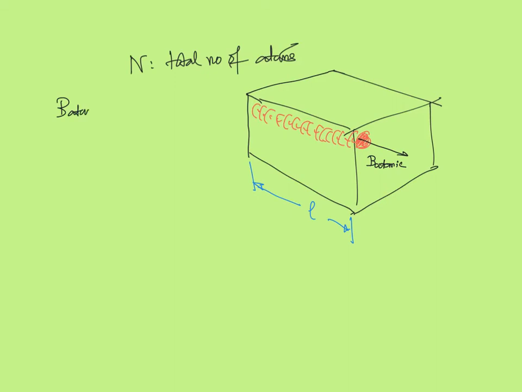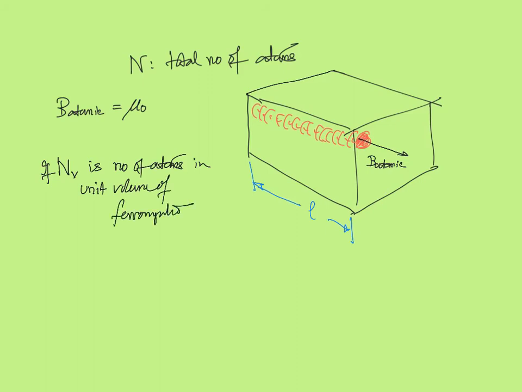So B atomic is equal to mu 0 times the number of atoms. Now suppose NV is the number of atoms in unit volume of the ferromagnet. So this is mu 0 NIA, right?